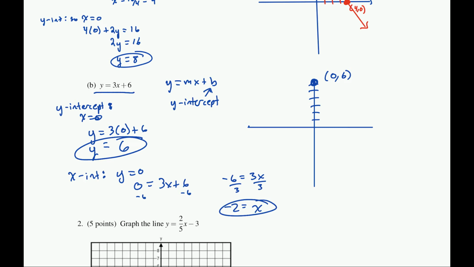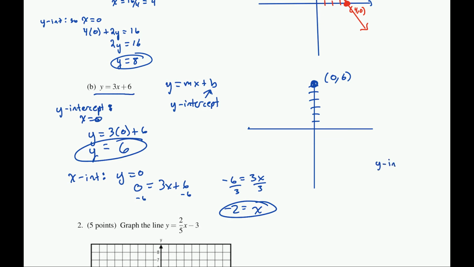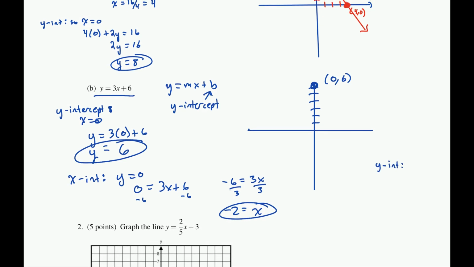So what we've got then is your y-intercept, which we found first, was (0, 6), and your x-intercept, which we just found, was x equals minus 2, and of course the y value is 0. So if you plot that, 1, 2, it'd be right there, negative 2, 0.